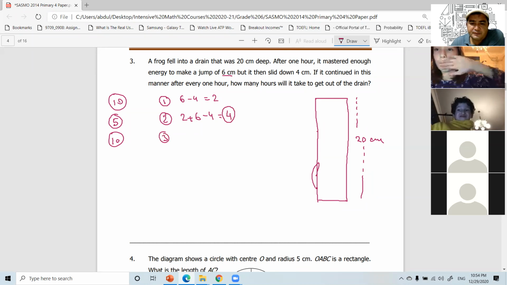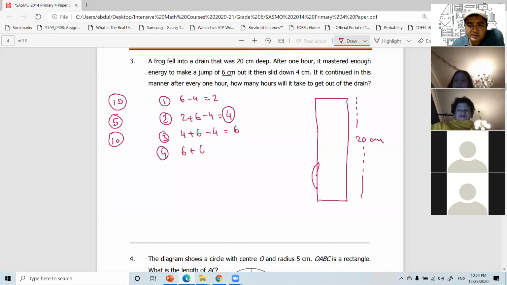And the third hour, again it is 4, jumps 6, minus 4 again, that is 6. And the fourth hour, it is 6 plus 6 minus 4, that's equal to 8, right? And continue, the fifth hour, 8 plus 6 minus 4, that's equal to 12.